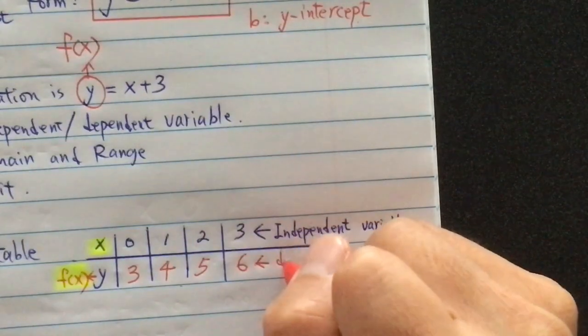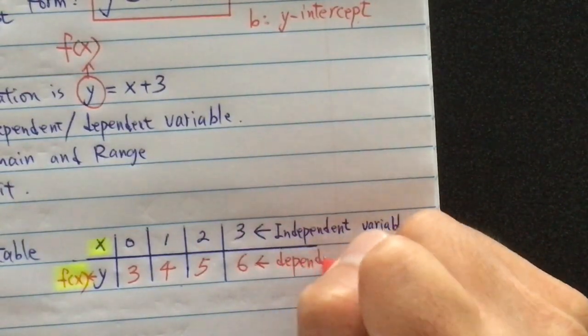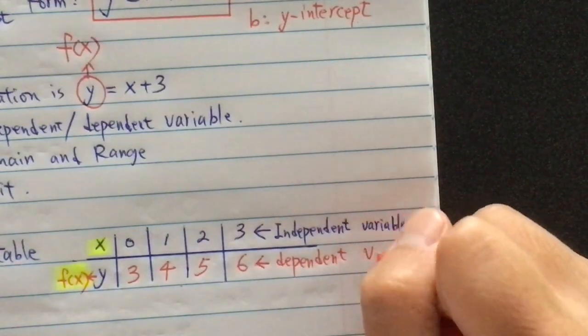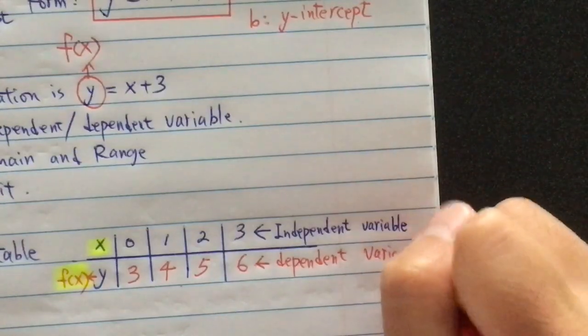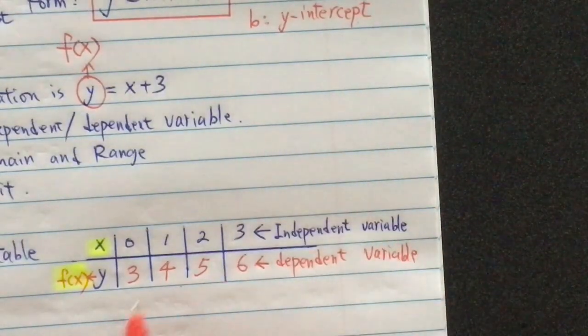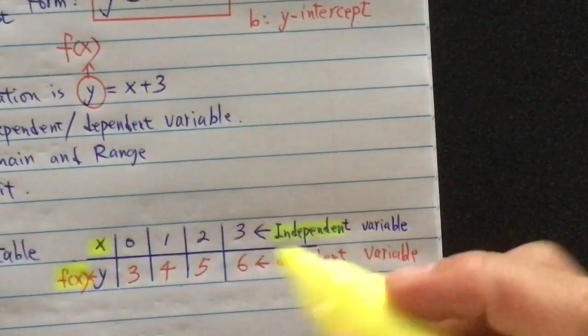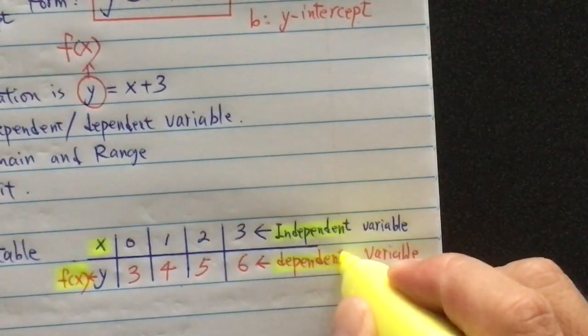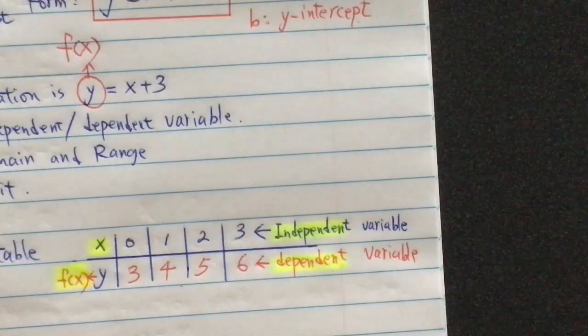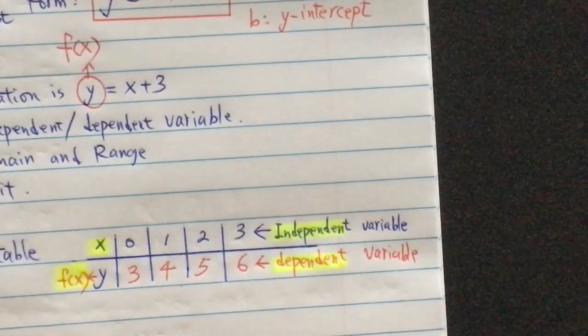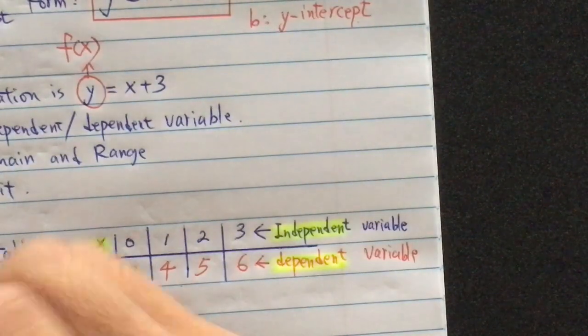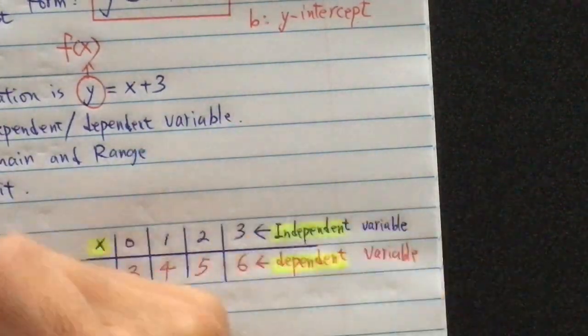So this is called the dependent variable. Make sure you know the difference: one is independent, which is x, and f of x is called dependent. So far so good. Please highlight it. This is question A.